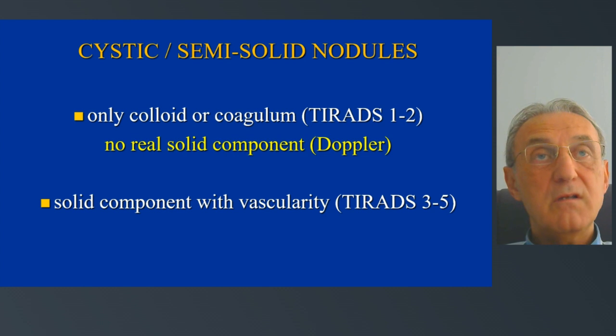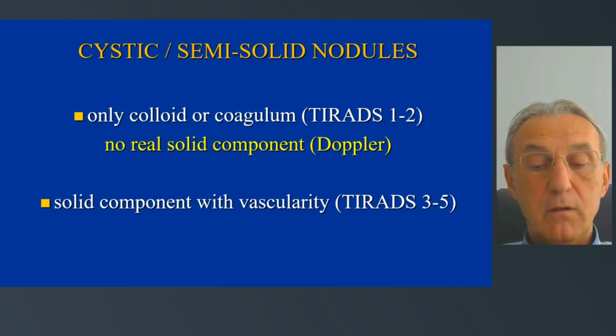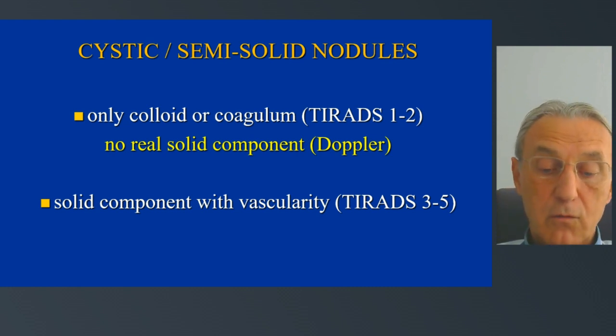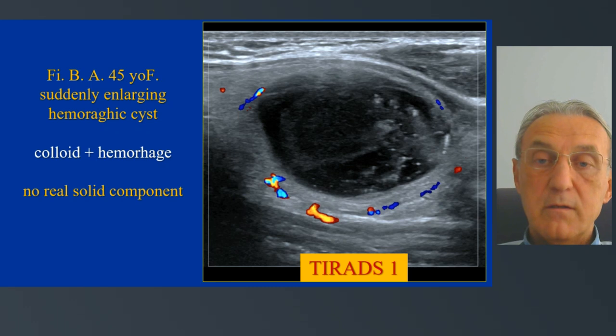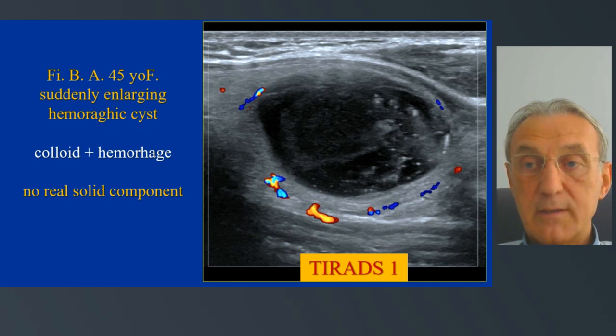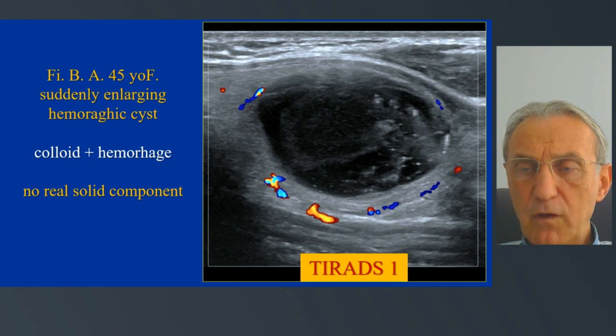But if there is a solid, irregular component with vascularity, then we should not say it is thyroid 1, we should say it is thyroid 3 or thyroid 5, depending on the solid part, as the ACR recommends us. This is a 45-year-old female.